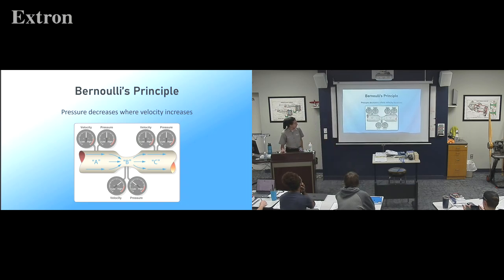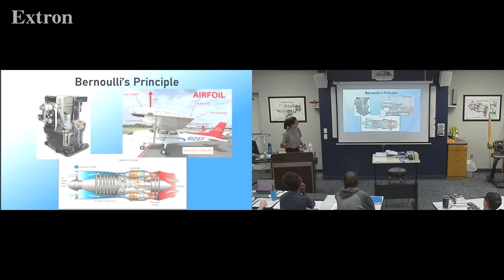Where you're going to see this is in aircraft carburetors. We use a venturi to help get fuel into our carburetor. And tomorrow we're going to talk about aerodynamics and how the venturi effect, the shape of the wing, kind of creates a venturi effect to help create lift.